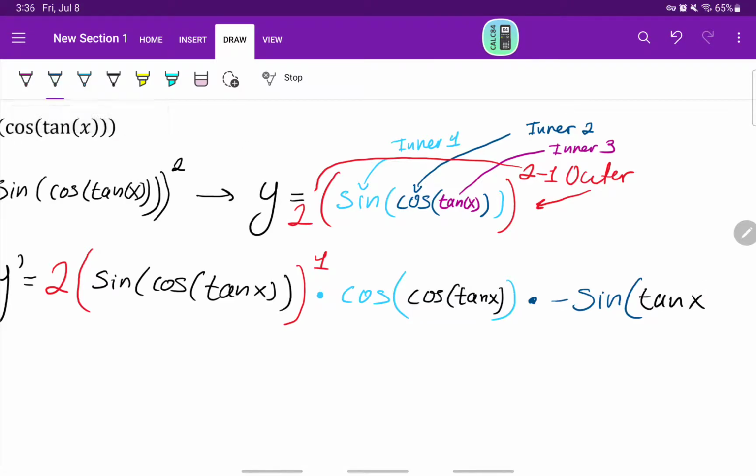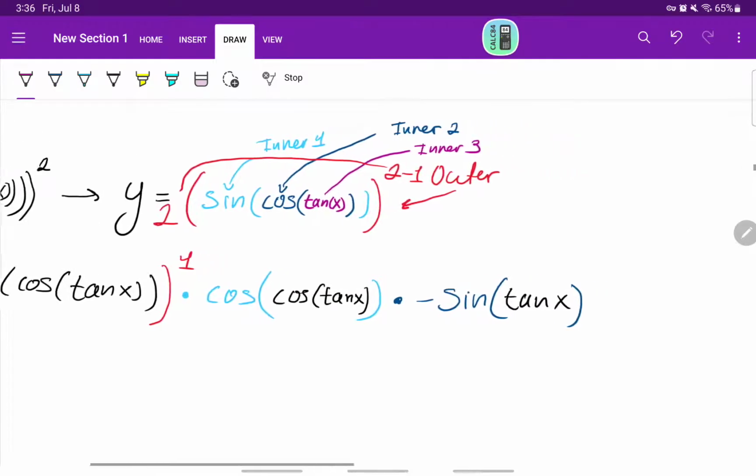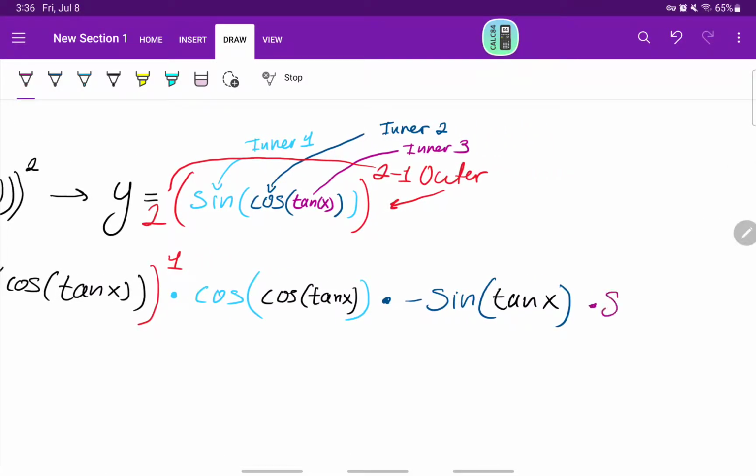Close that up. And then that's going to be multiplied with the derivative of the third inner function. And the derivative of tangent is secant squared of x.